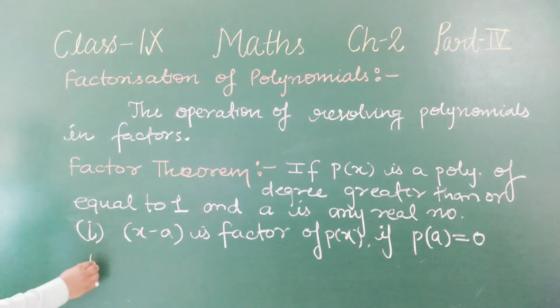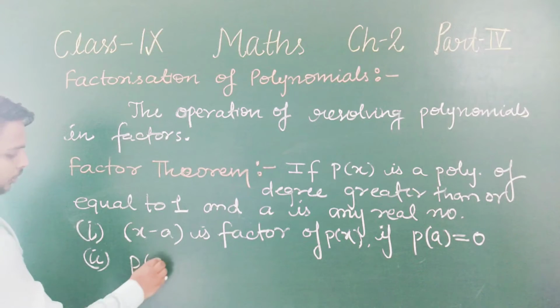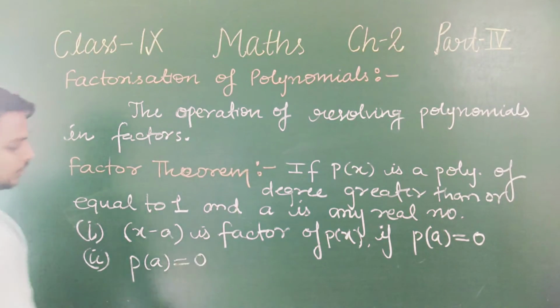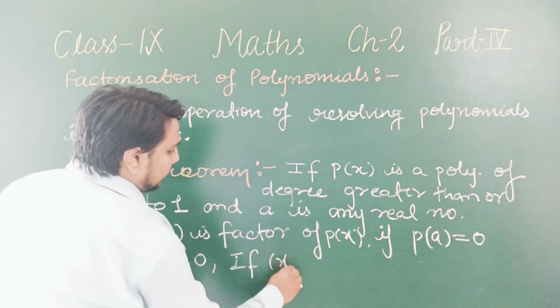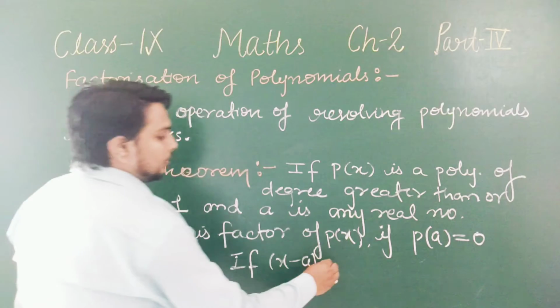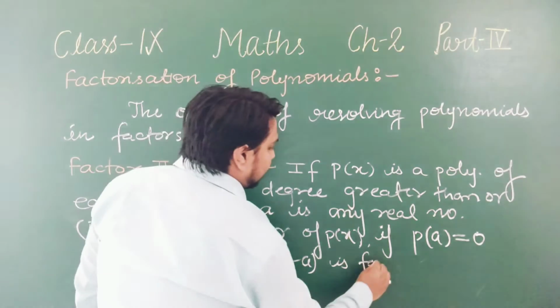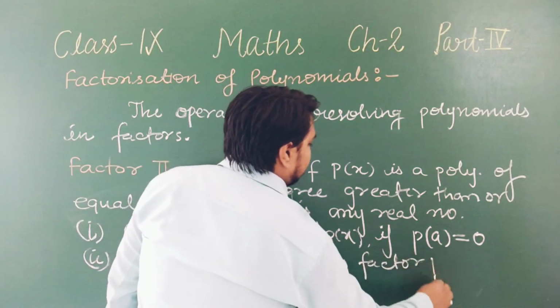And another one is: p(a) is equal to 0 if x minus a is a factor of p(x).